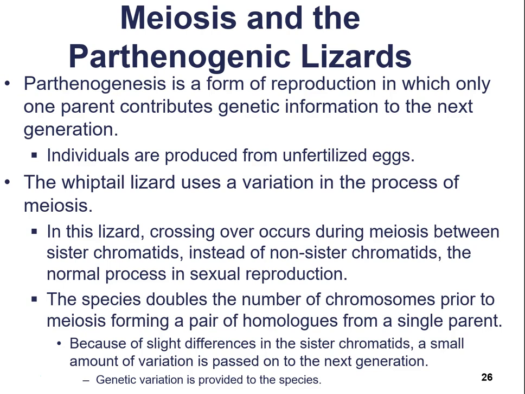Anyway, this is just an overview of something presented in this nature of science section, explaining what parthenogenesis is. It's only one parent that contributes the genetic information to the next generation. If you're interested, it's in your textbook on page 171. You can take a look at that.